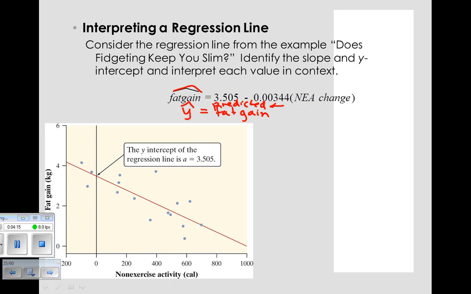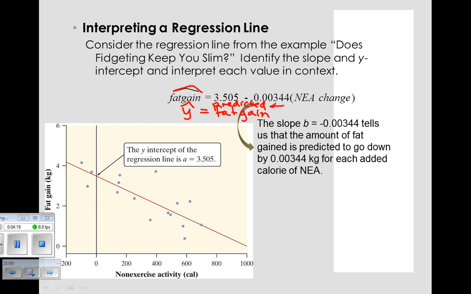Okay, now let's go and interpret the y-intercept and the slope. Okay, so we can see our slope negative 0.00344. Remember, slope is rise over run. Or you could say it's change in y over change in x, however you like to think about it.